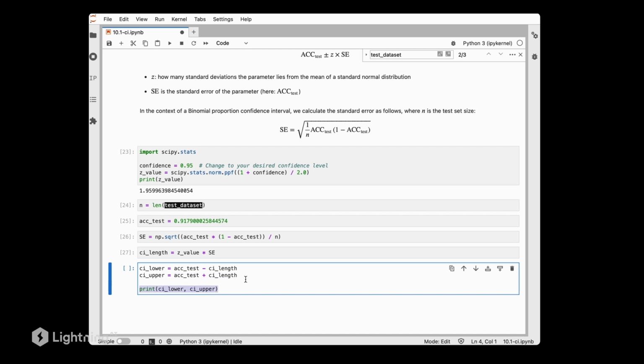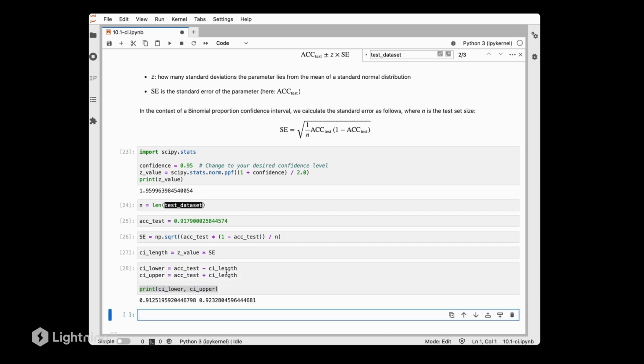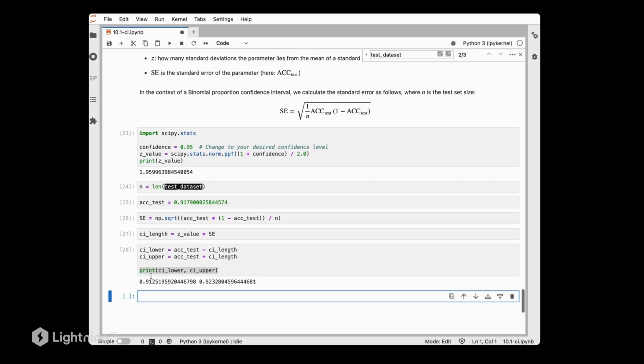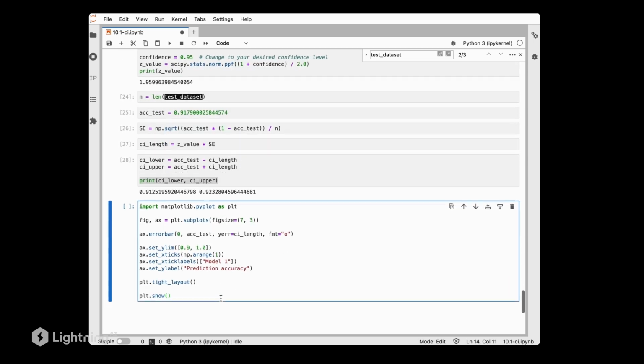So let's print out these values and see what they are. Our 95% confidence interval for the test set accuracy here is 91.2% for the lower value and 92.3% for the upper value. So this would be our 95% confidence interval. Let's also visualize this in a plot. I'm just pasting the code here.